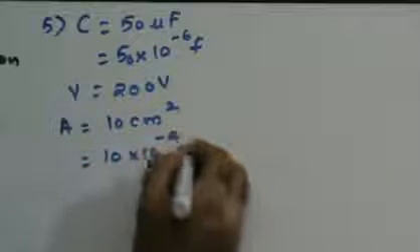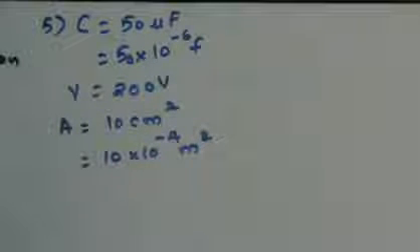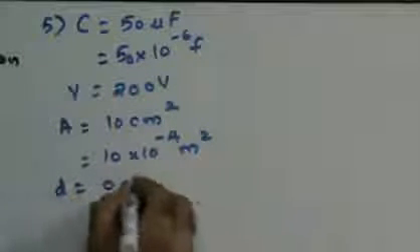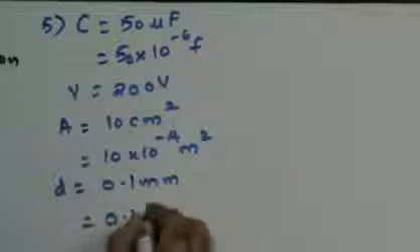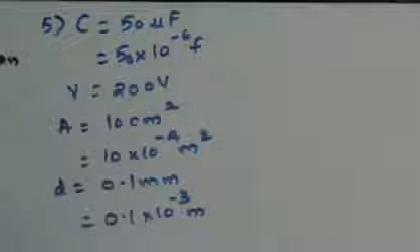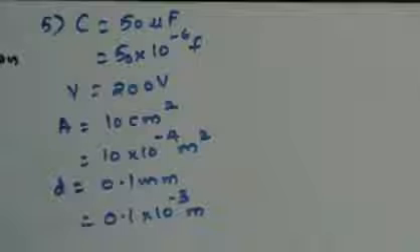If the area of each plate is 10 centimeter square and the distance between the plates is 0.1 millimeter, find the energy per unit volume.